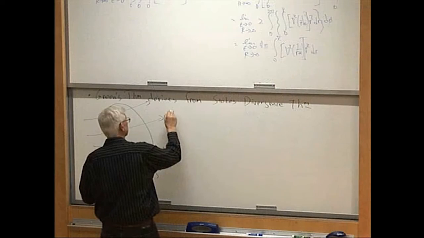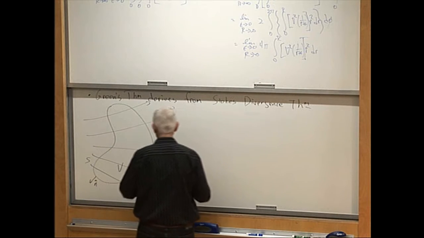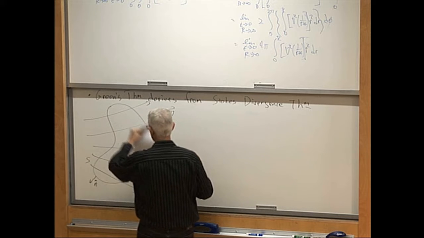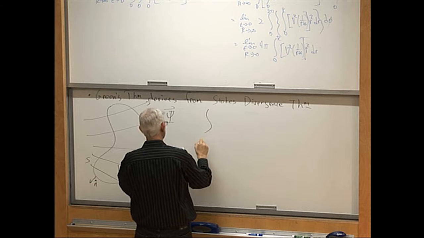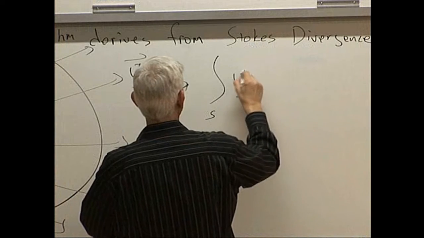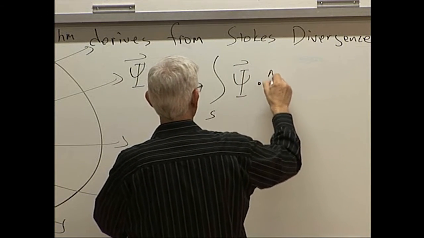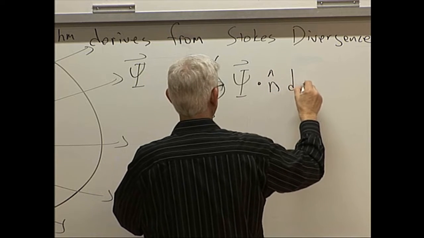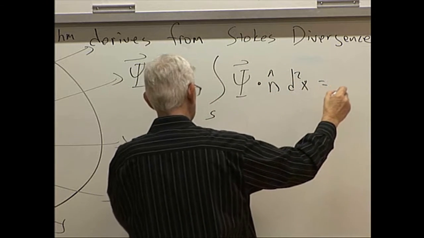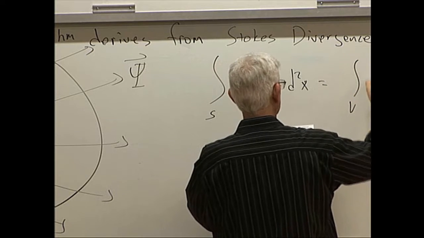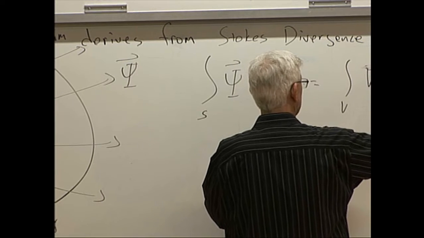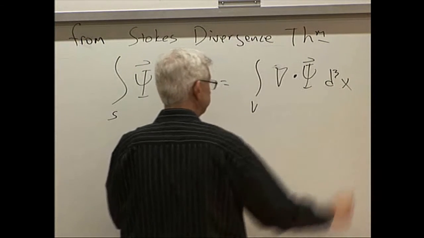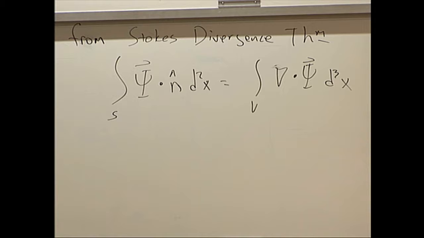So this vector field I'm going to call capital psi, and psi has to be well behaved on this. Then we have the divergence theorem, the integral over the surface of psi dotted with this outward facing normal is equal to the volume integral of the divergence of that vector field over the volume. Remember that? It should look familiar to you.